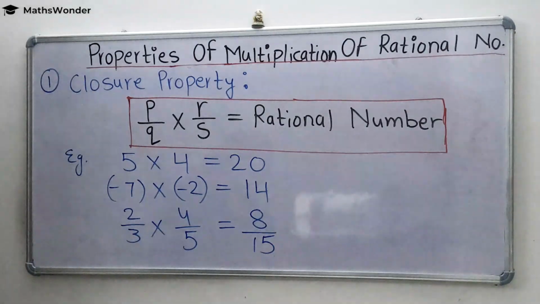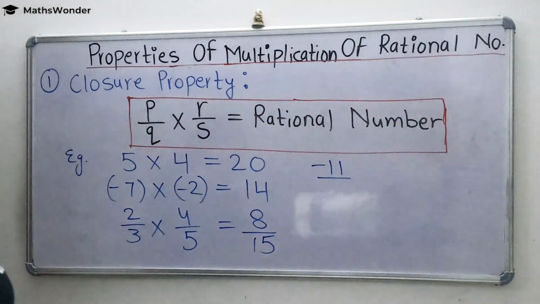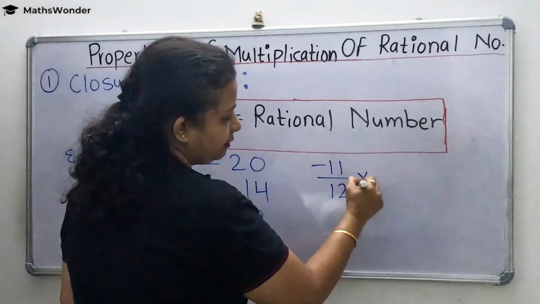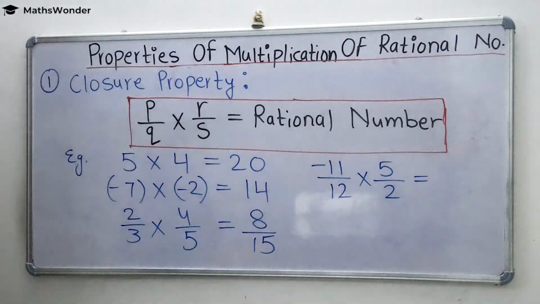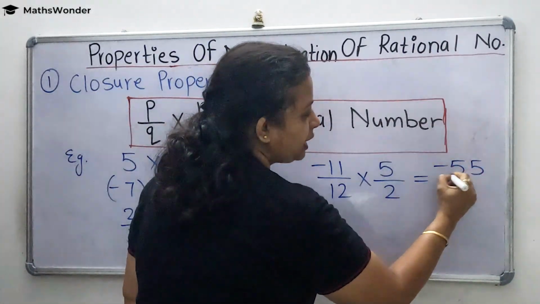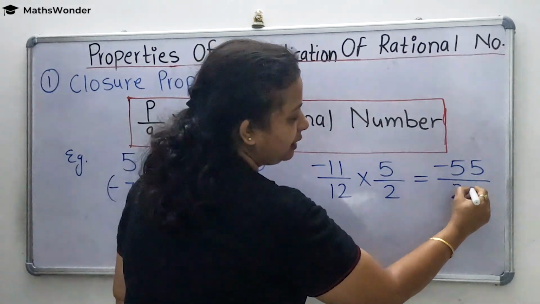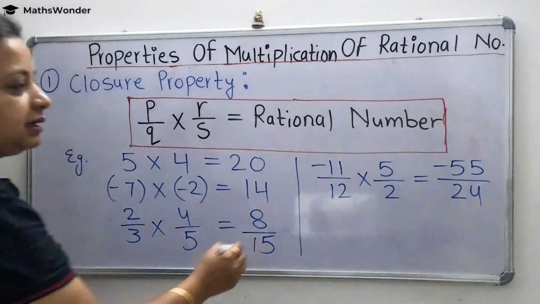We take one more example for a negative one: -11 over 12 and 5 over 2. Now check. Can we simplify something here? No, we can't simplify here. So you just multiply numerator with numerator and denominator with denominator. Now we have this.